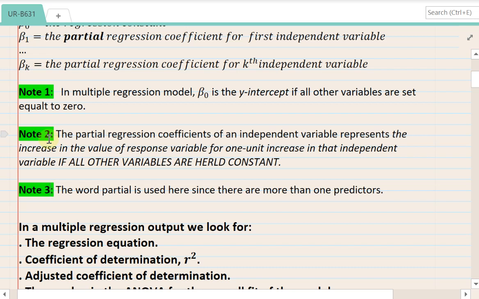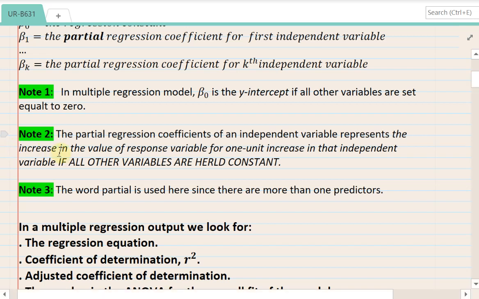What do we mean by the word partial? So the partial regression coefficients here, the interpretation of it is that the coefficient, the beta, on an independent variable indicates the increase, or it could be decrease, because if it's negative, it's actually a decrease. But in general, it shows the increase in the value of the response variable for 1 unit increase in that independent variable.